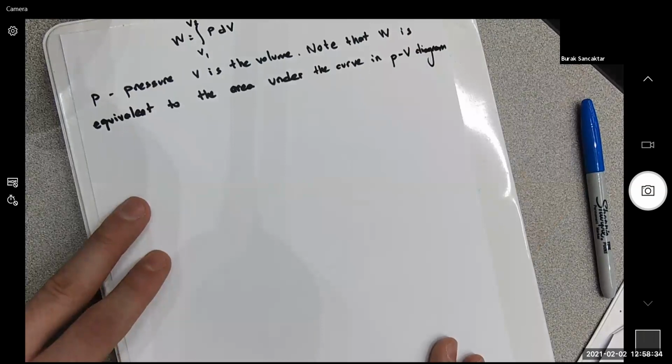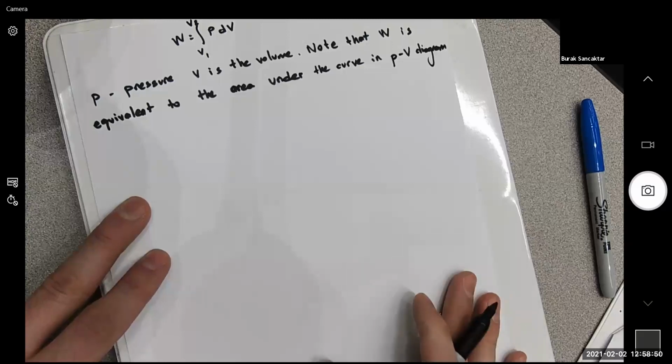From the definition of an integral, an integral is a summation of infinitesimally small parts, right? So what we do here is take a PV diagram and take the area under the curve, which gives us the work.